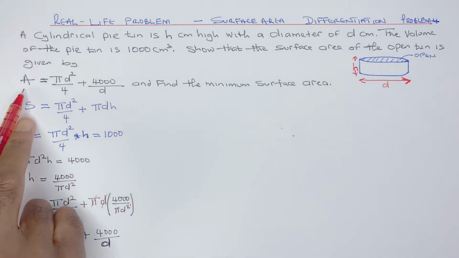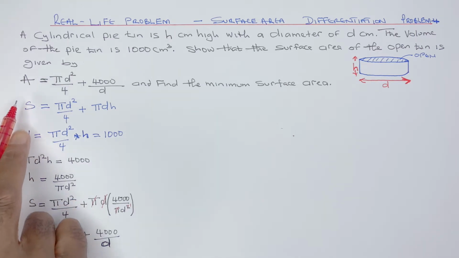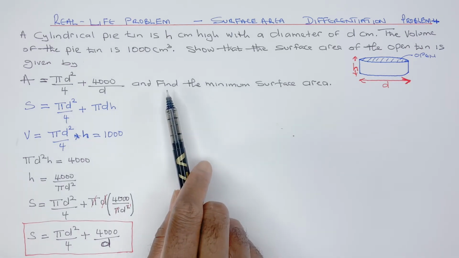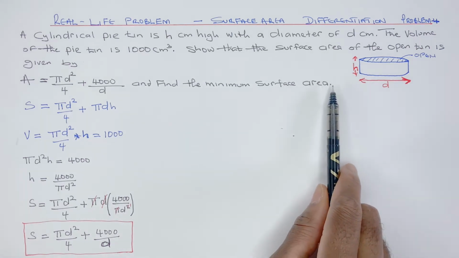Or you can call it A for area, but I'll just call it surface area S, instead of saying A, I said S. It's the same thing. So the A, or if you like S, is pi d squared over 4 plus 4,000 over d. And the question then says, find the minimum surface area.